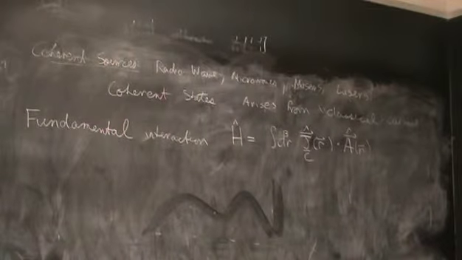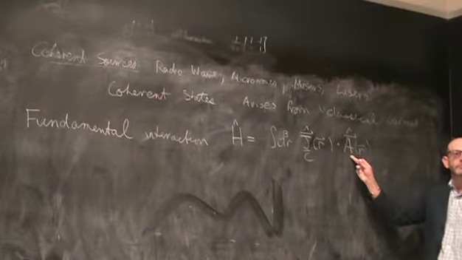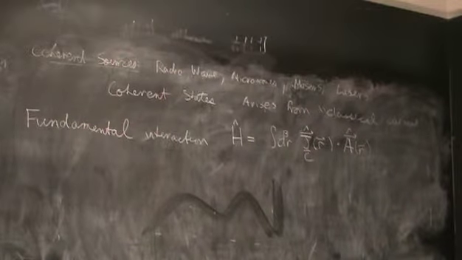That's what you get from quantum field theory. So this is the vector potential of the electromagnetic field, and this is the current operator, which represents the momentum of all the charges.